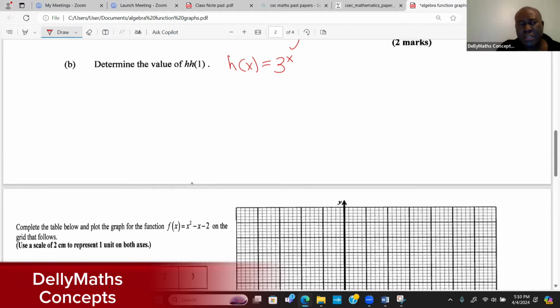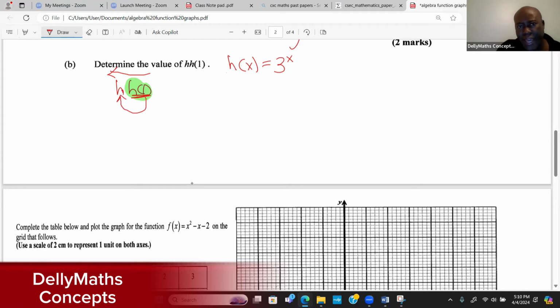Now let us write what this really means. If I'm going to do h of 1, what it really means is that I am going to find the value for h of 1. So I'm going to be working this way. I'm going to first find the value of h of 1, and whatever number I get, I'm going to insert it into the h function.